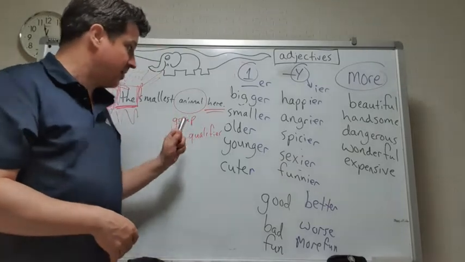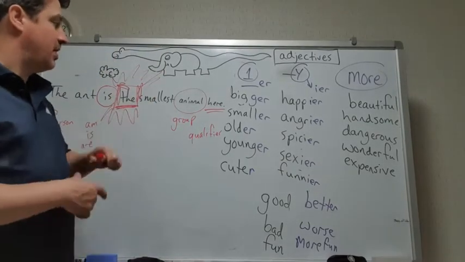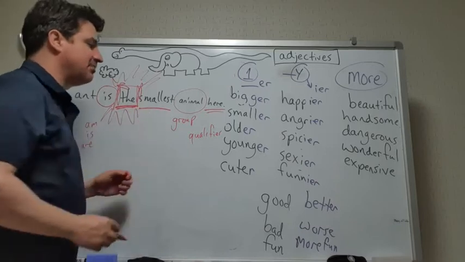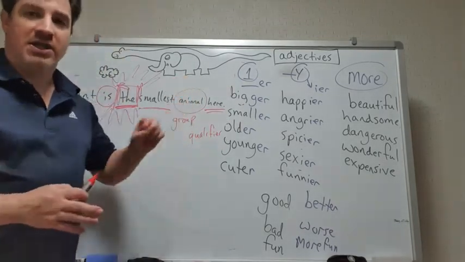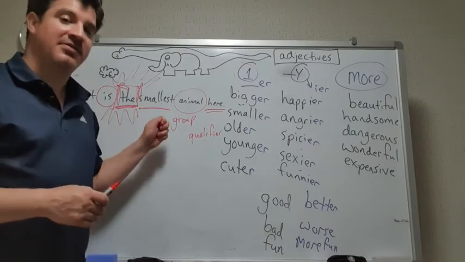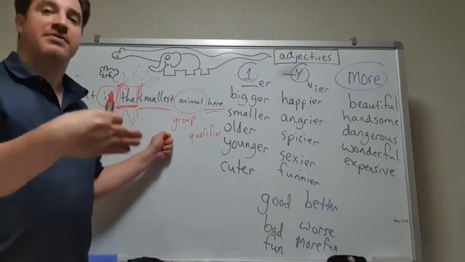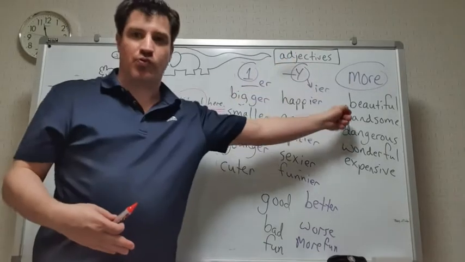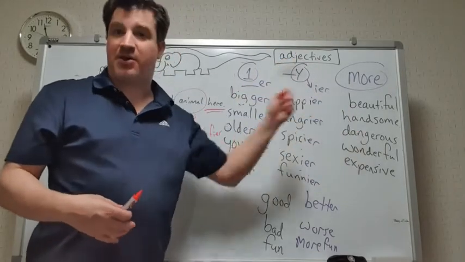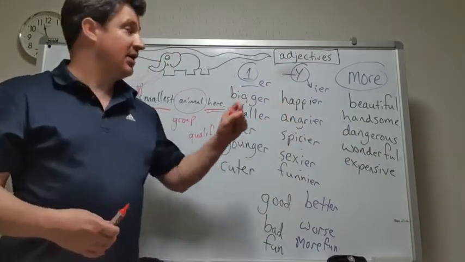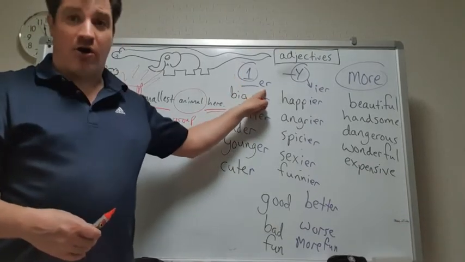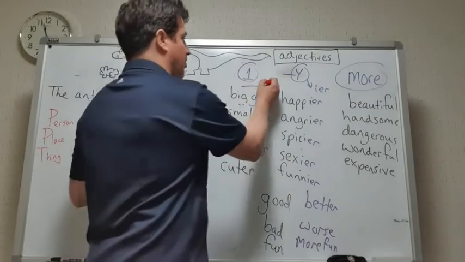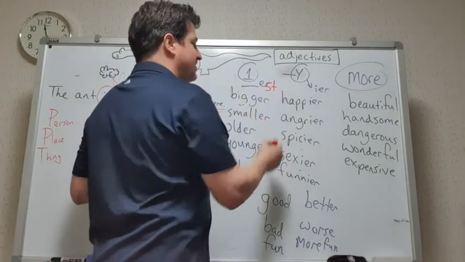Now, superlatives, smallest. When you are going to make a superlative adjective, you follow the same rules as making comparative adjectives. If it is a 1-syllable word, then instead of going with ER, it will go with EST.